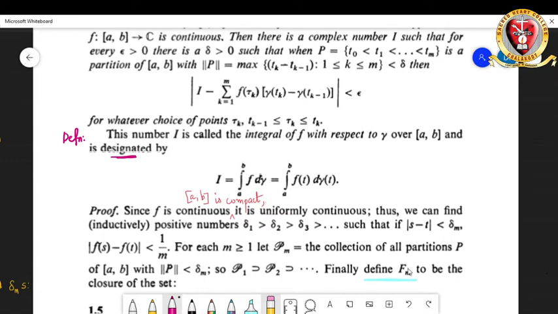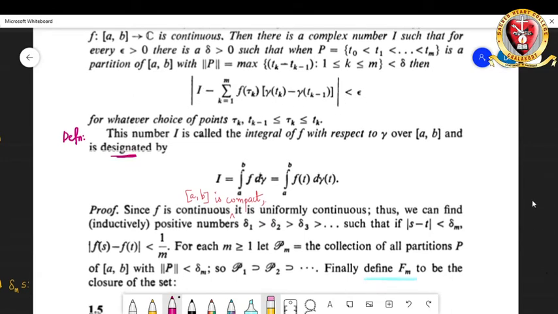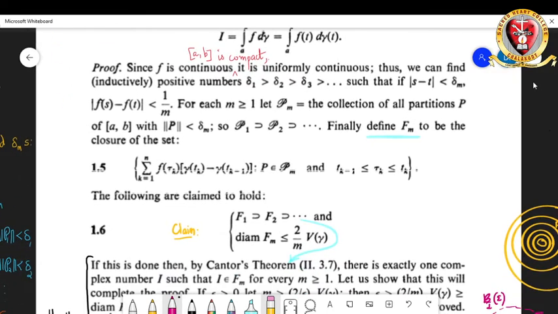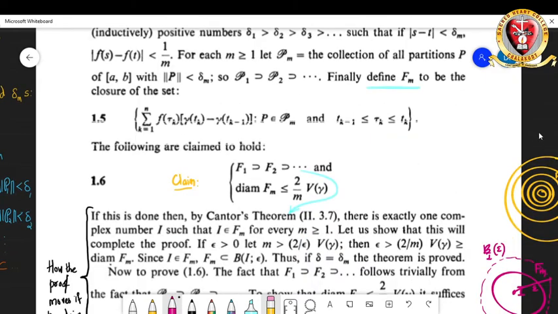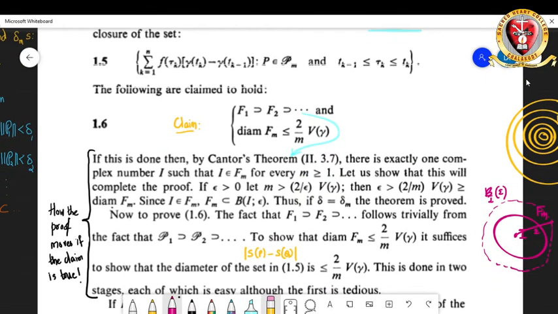Since both I and this value lie inside the epsilon ball with center I, the modulus of the difference will be strictly less than epsilon. That's the logic there. So if we prove these two statements, we will complete the proof. That's what we are aiming at.